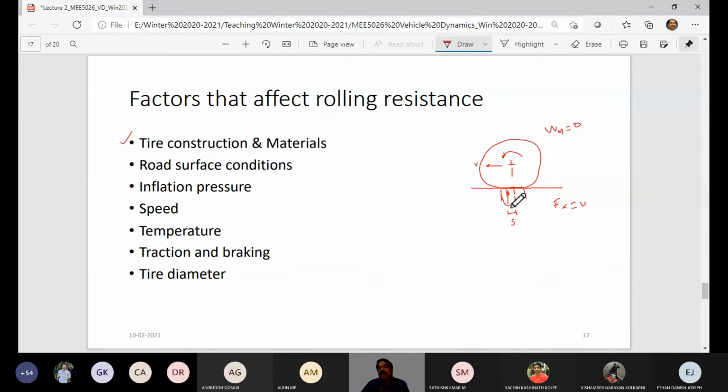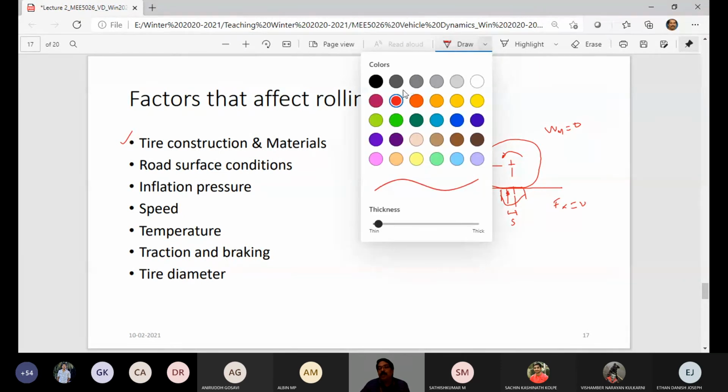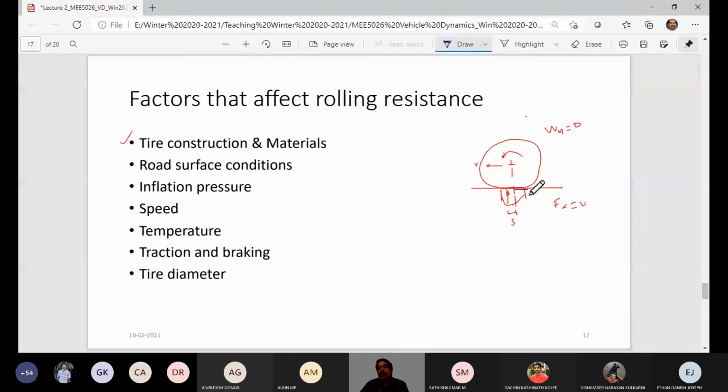And to make a dynamic equilibrium, I require a force, and that force is in the opposite direction. So I get this force, and that is my rolling resistance force. So the rolling resistance force moment about this would balance this moment.